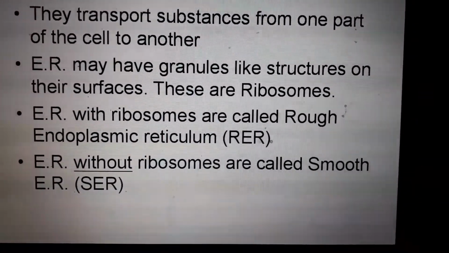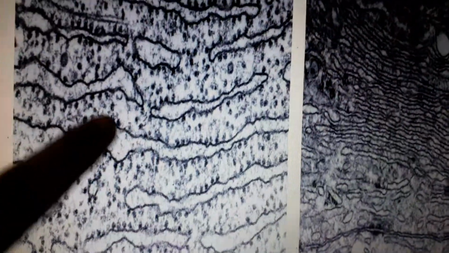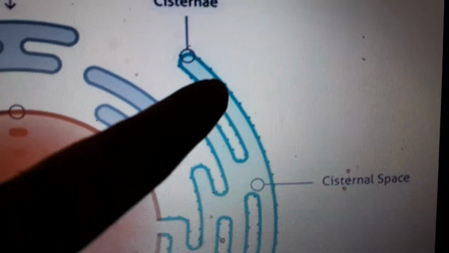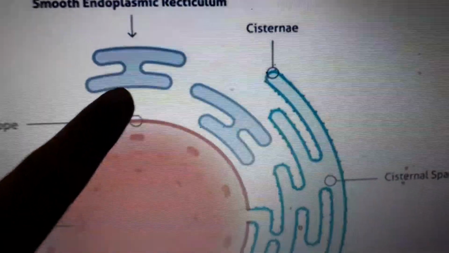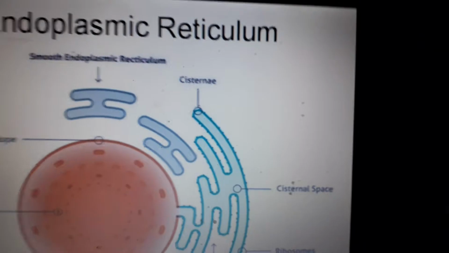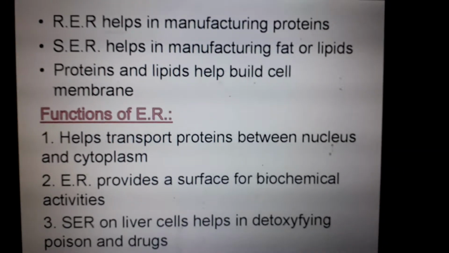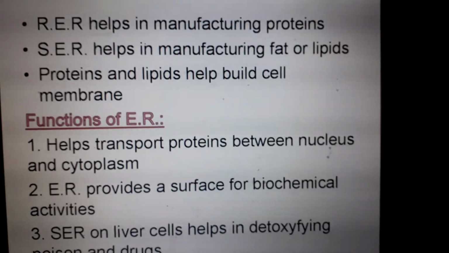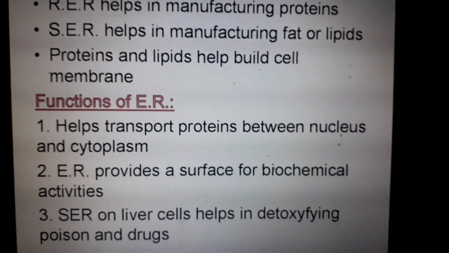If the endoplasmic reticulum does not have any ribosomes, it is called smooth endoplasmic reticulum. Rough endoplasmic reticulum helps in manufacturing proteins. Smooth endoplasmic reticulum helps in manufacturing fats or lipids. And both proteins and fats help in building the cell membrane.